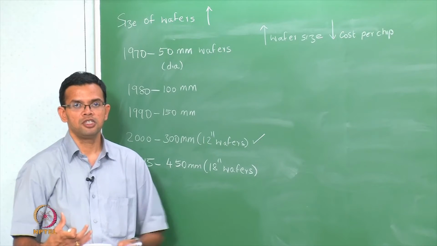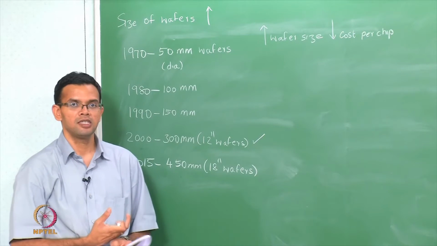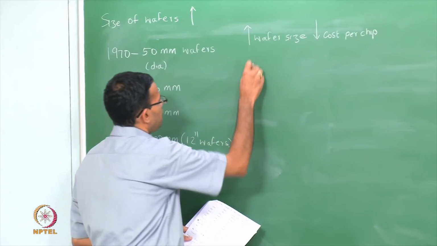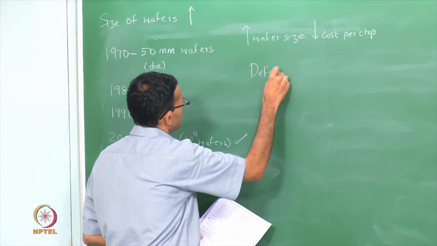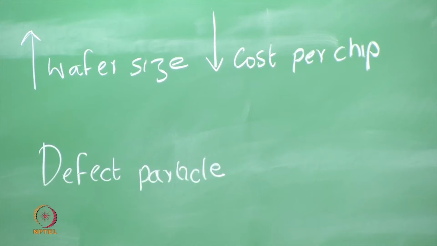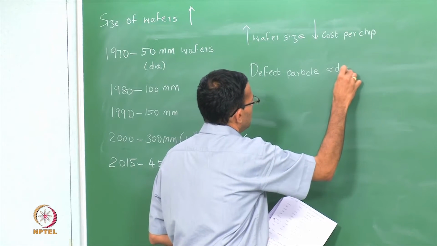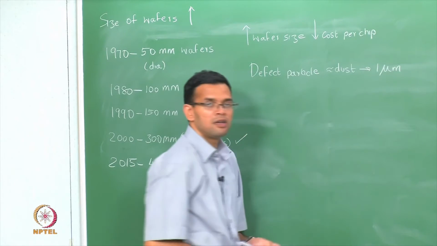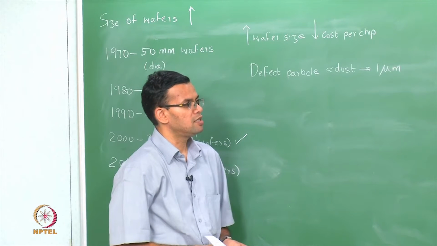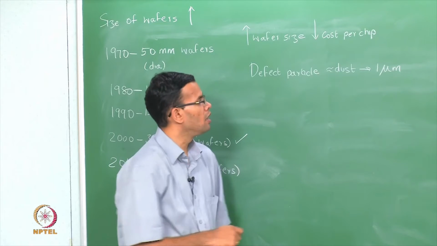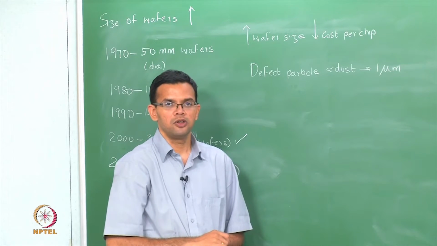With reducing feature size, controlling the defects in the wafers is also very critical. For example, if you have a defect particle, this could be a typical dust particle. It usually has a size of around say 1 micrometer. If the feature size is 10 micrometers, as we saw in the earliest IC, a 1 micrometer dust particle is okay.